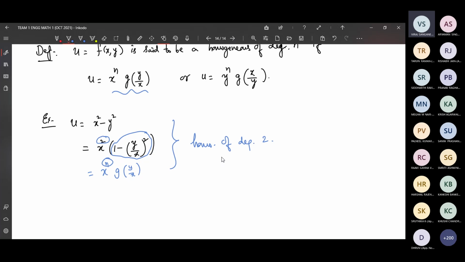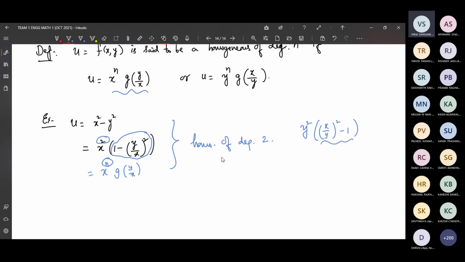Or someone takes y square common, so that 1 minus x by y whole square. x by y, no, you have to reverse it, right? Suppose y square you take common, so then it is x by y whole square minus 1, right?